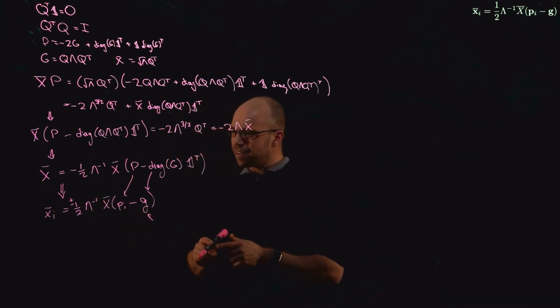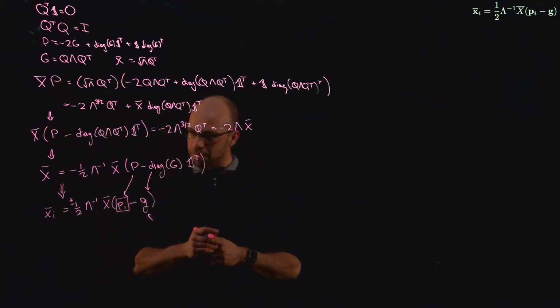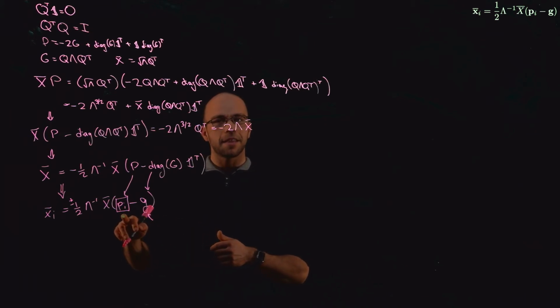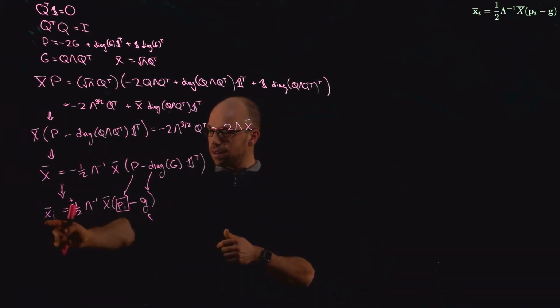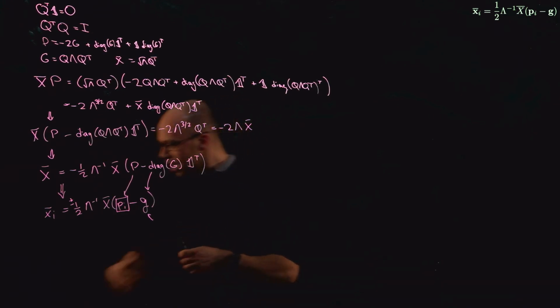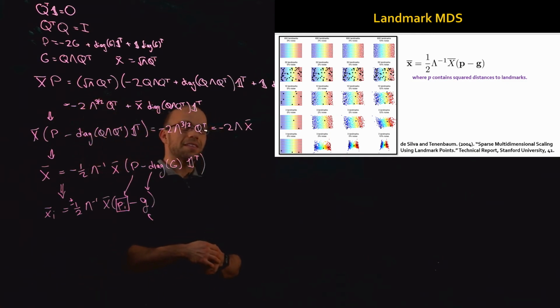So what does this tell us? This tells us that if I know the ith column of p, remember that p is the set of squared distances from a single point to all of our points in our data set, then I can recover the point xi from this expression. So now the landmark MDS algorithm does something interesting.